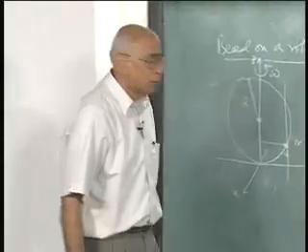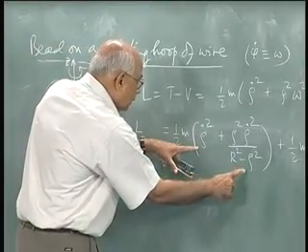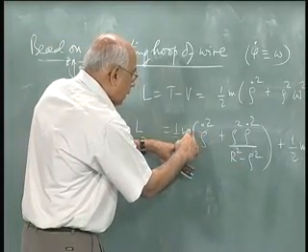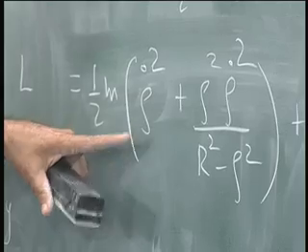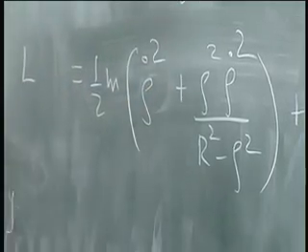Okay. And I can simplify this, right, so it becomes m r squared over r squared minus rho squared, because this rho squared cancels.